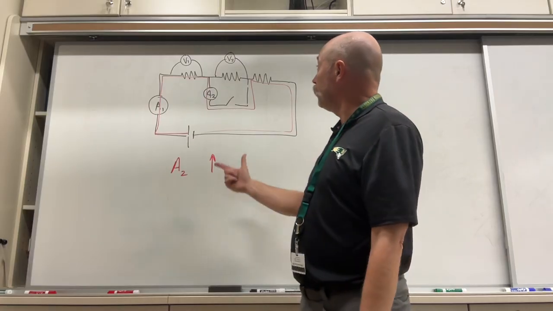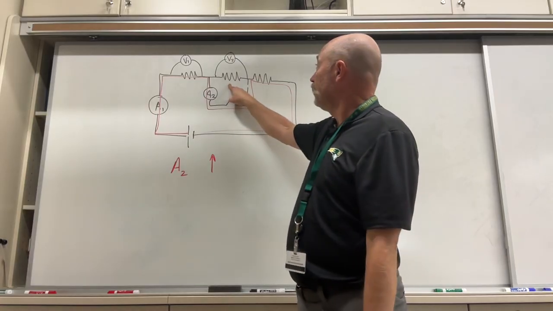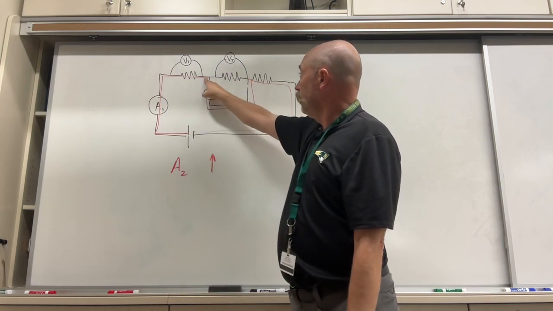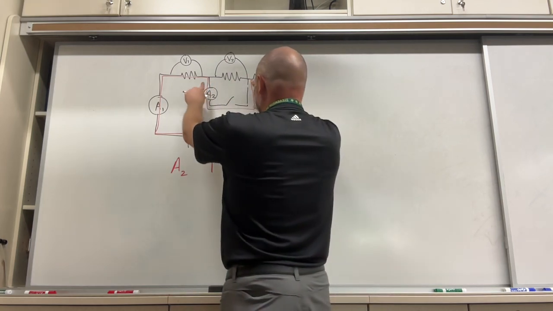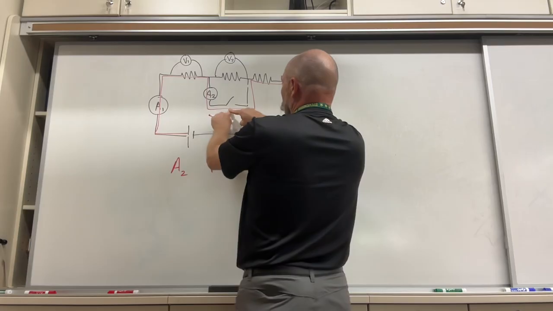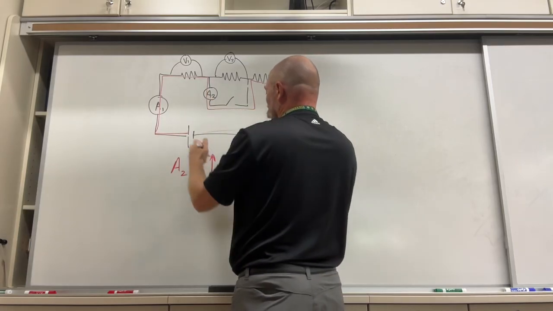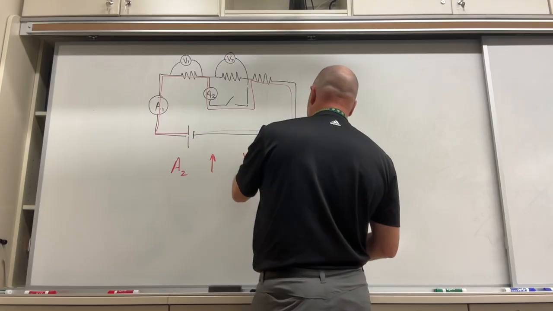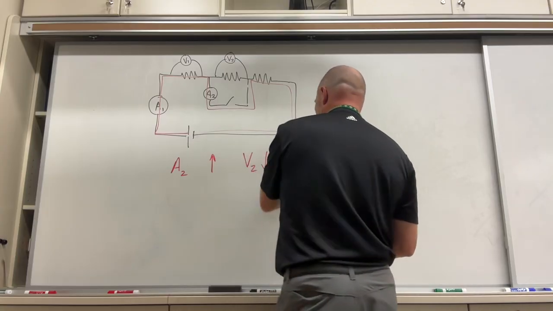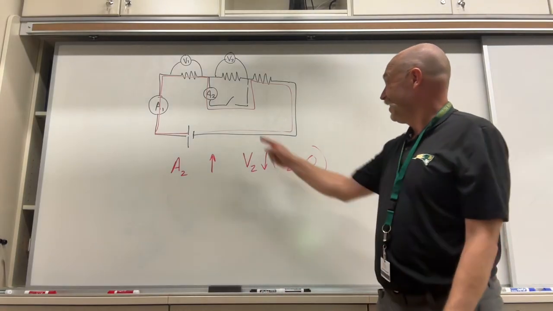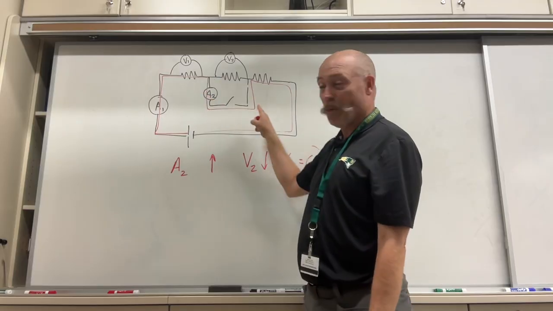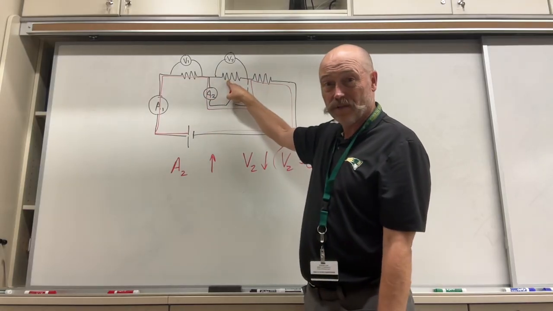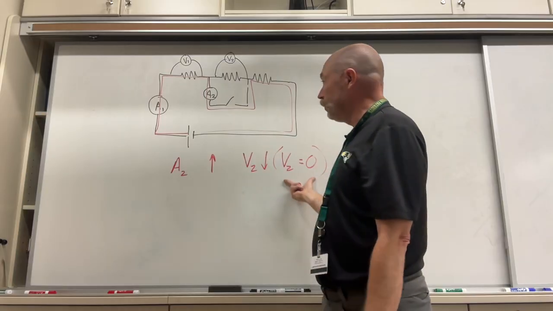If you look at V2, it's essentially reading the voltage from here to here, and there's nothing between there and there. So V2 would decrease because V2 will equal 0. You're measuring the voltage across a wire, because this is not even part of the circuit. So that would be 0.